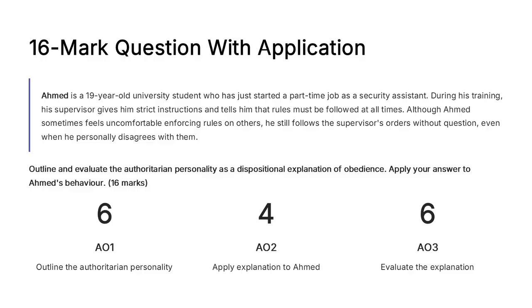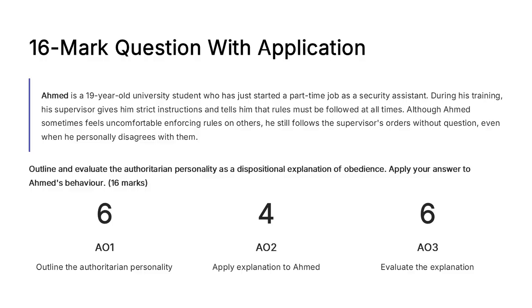Although Ahmed sometimes feels uncomfortable enforcing rules on others, he still follows the supervisor's orders without question, even when he personally disagrees with them. Outline and evaluate the authoritarian personality as a dispositional explanation of obedience. Apply your answer to Ahmed's behavior, 16 marks.